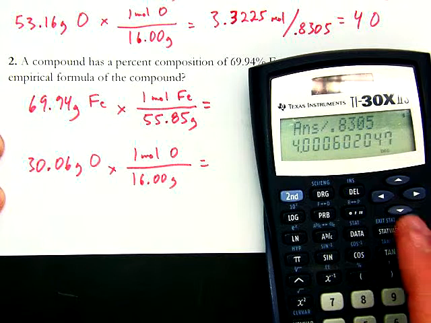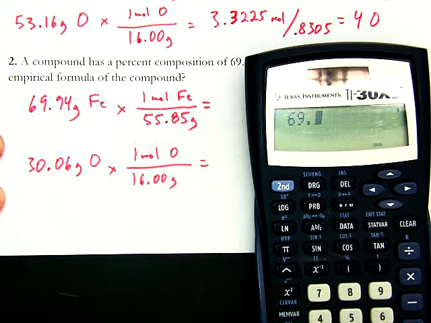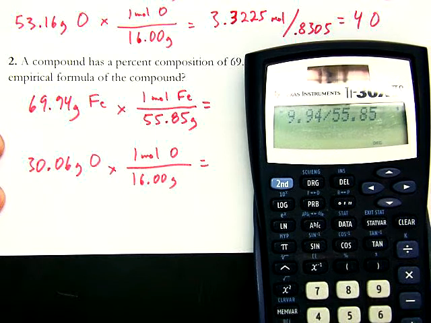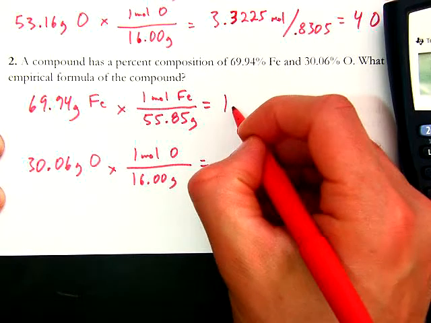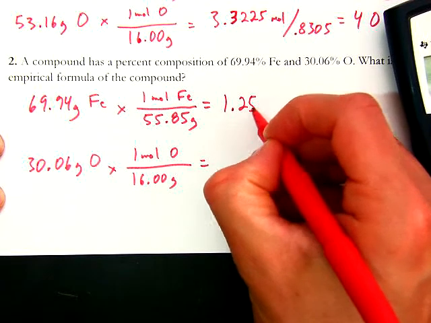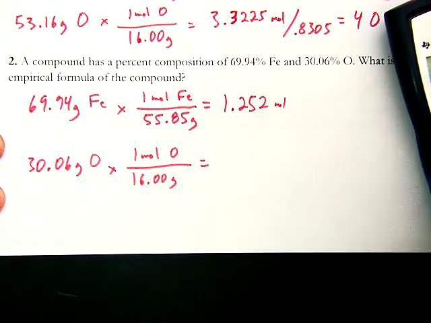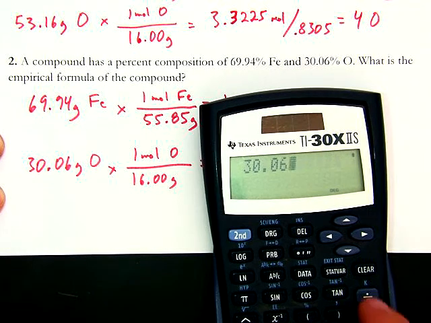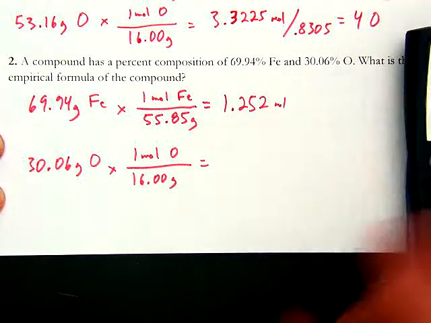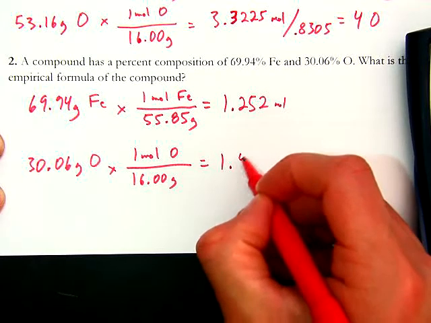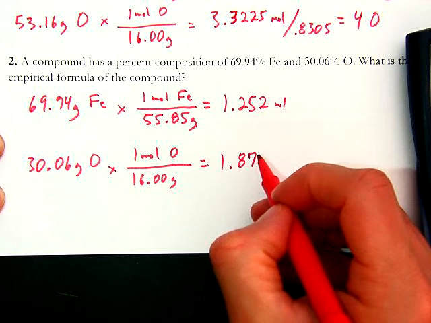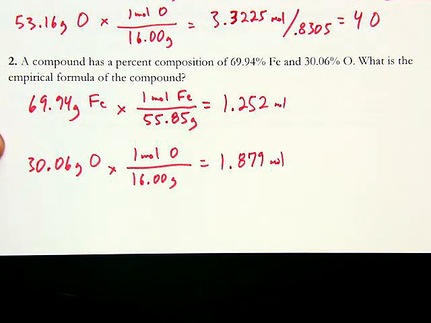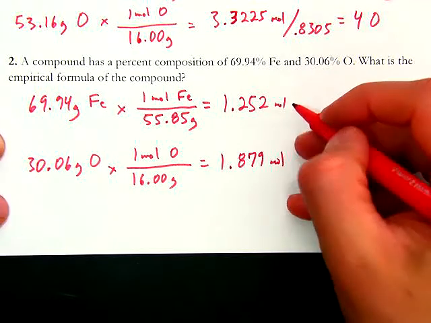So if we do each of these, 69.94 divided by 55.85, 1.252 moles, and then this one, 30.06 divided by 16, is 1.879 moles.